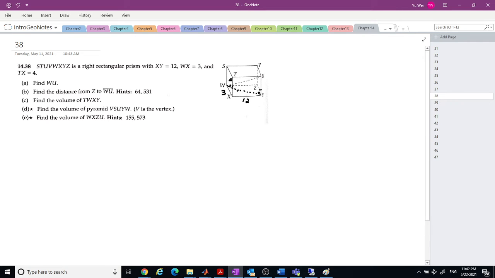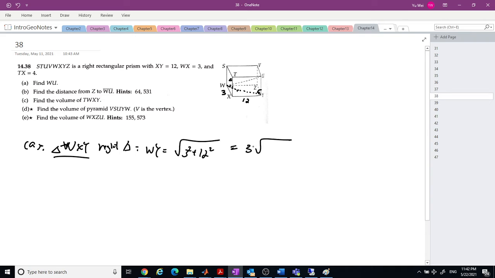So we have two Pythagorean applications, right? For the first one, you need to see the triangle WXY is a right triangle. So WY squared is equal to 3 squared plus 12 squared, which is 9 times 17... Then for the second one, you need to see the right triangle WYU.